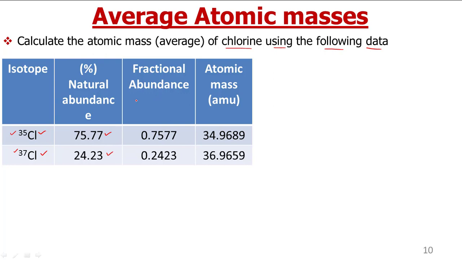So we can calculate the fractional abundance, which is the relative abundance divided by 100. So it is 0.7577 and 0.2423, and the atomic masses are 34.9689 and 36.965. One more interesting thing, you can see it has a mass number of 35, but its atomic mass is 34.